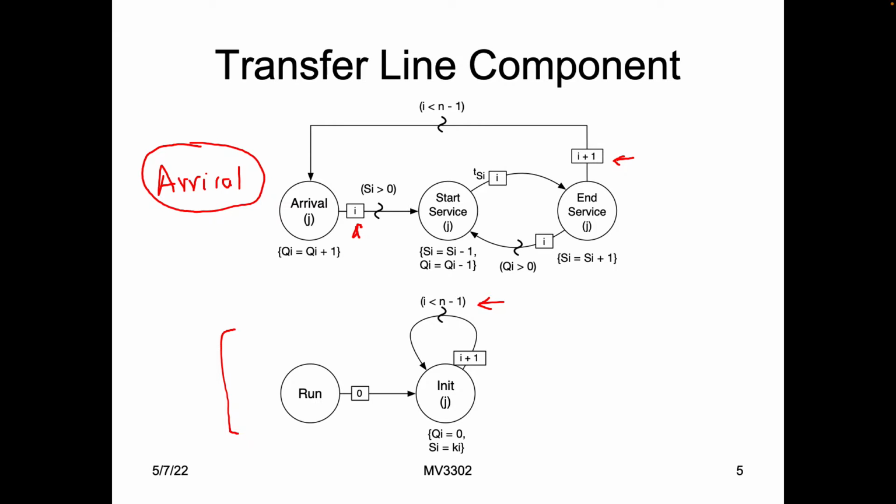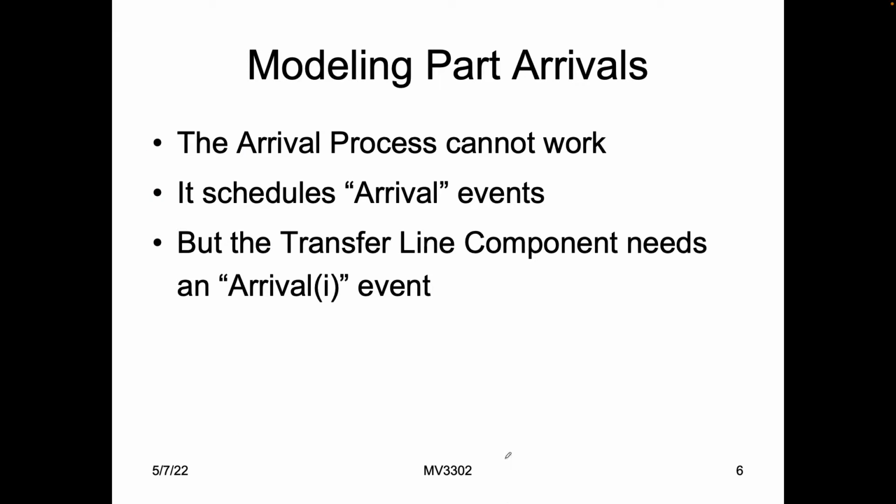So does that mean we're screwed? Well, no. It just means we have to do a little bit of extra work. The arrival process by itself cannot work because it schedules arrival events, and the transfer line component needs arrival events with an argument of I. So there's a mismatch there. How can we overcome that?